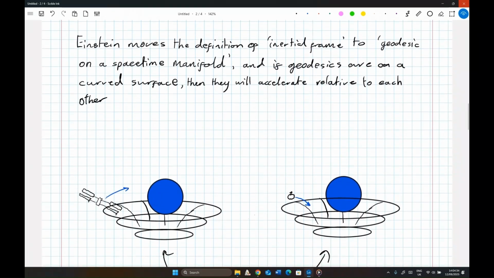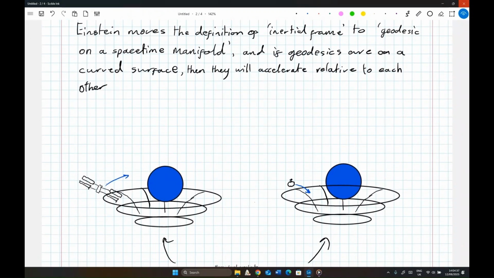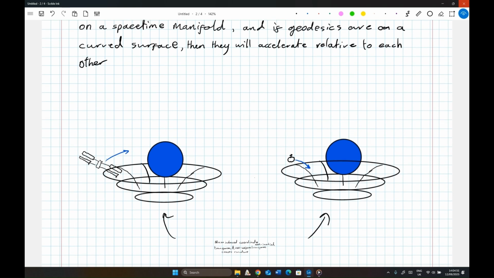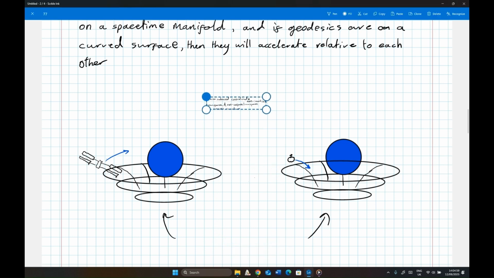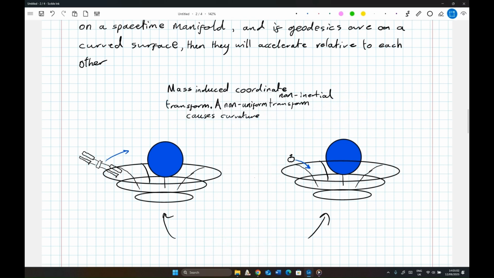So when you see these visualizations, this is a common visualization where you have the Earth and a satellite going around the Earth or an apple falling towards the Earth. What you are seeing is, of course, there is curvature. You are seeing a curved surface. But what you are actually seeing properly is a mass-induced coordinate transform, and it is a non-inertial coordinate transformation, and a non-uniform, non-inertial coordinate transformation will cause the curvature.